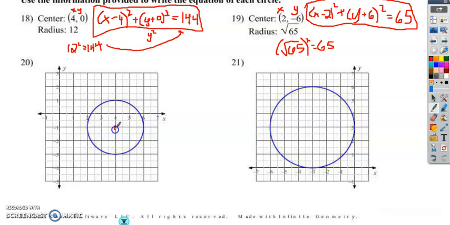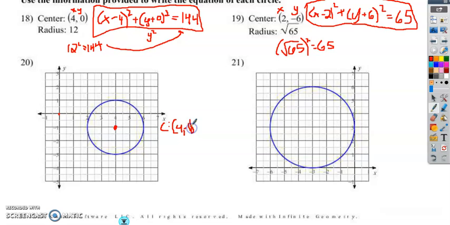All right, let's look at the next problem here, which is number 20. This is going to be the center of the circle. So if I think about it from where 0, 0 would be from the origin, I've moved 1, 2, 3, 4 to the right, and then gone down 1. So the center of this circle is at 4, negative 1.